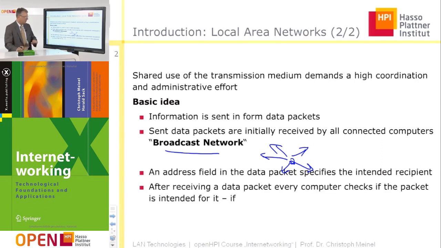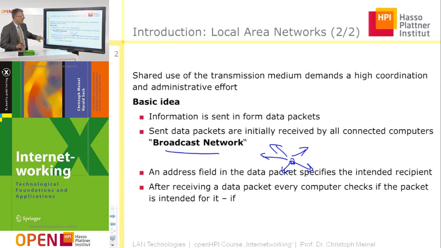Now the packet, as we said in the broadcast network, is sent to all the computers that are connected to the communication infrastructure. So each of the connected computers receives the data packet, but it is assigned only to one of them. So what do the other computers do?